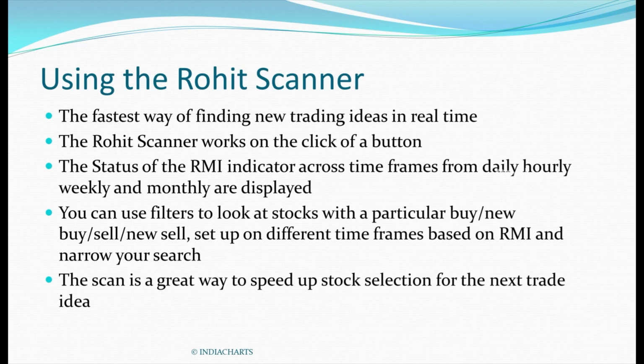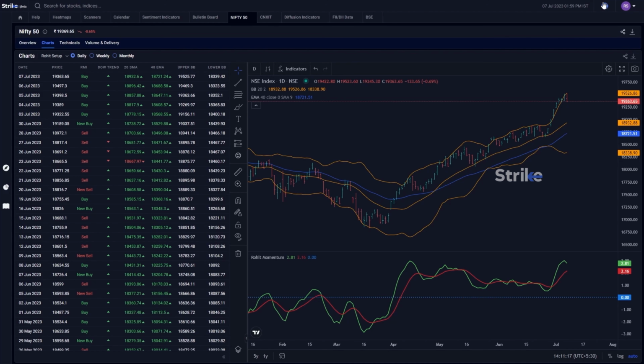So that's a very fast way to speed up your work and get to the next trade idea. So that's it for you guys. I hope that clarified how you need to look at buy and sell signals and how to quickly generate them and find ideas.